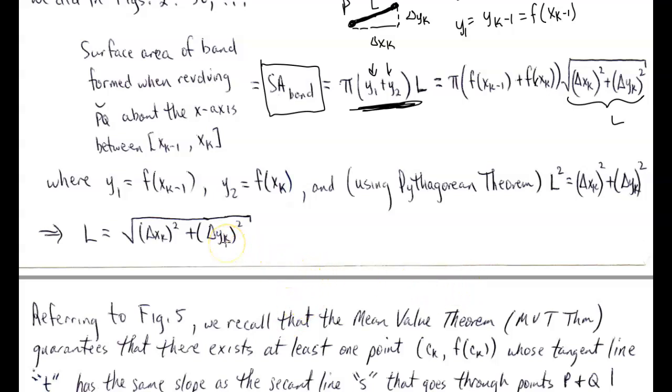So now that we have all that in place, what we can do is say, all right, I've got a formula for the kth surface area band for this function going from x equals a to x equals b. Now all I need to do is take this band and add k of these bands together, okay?